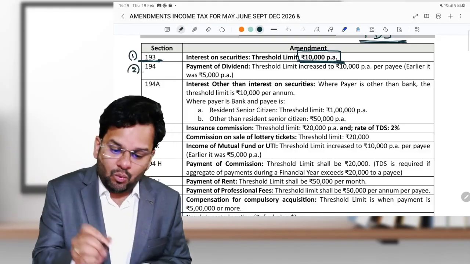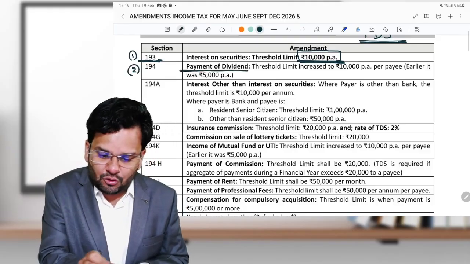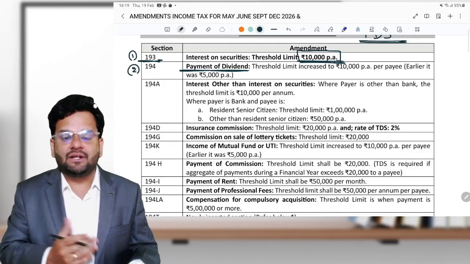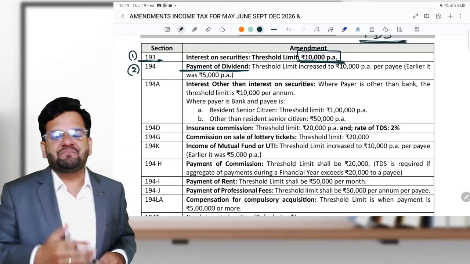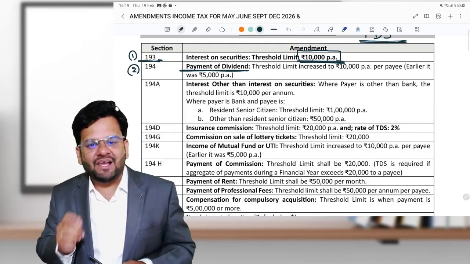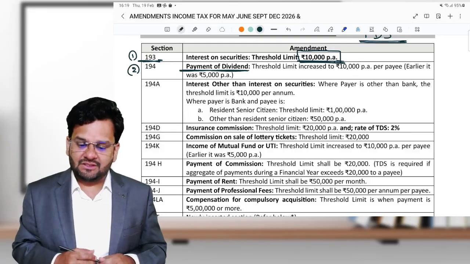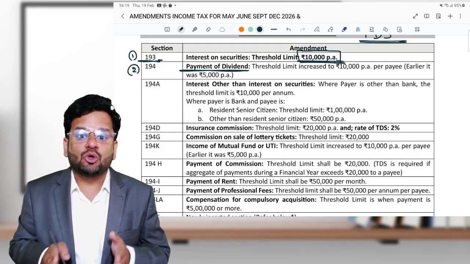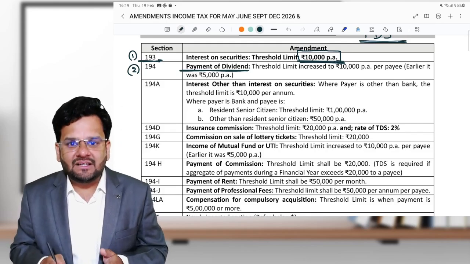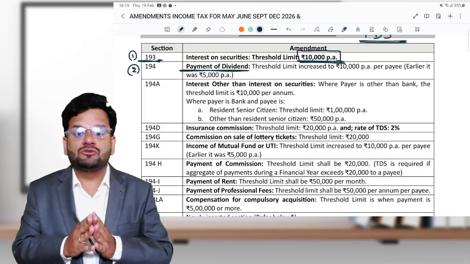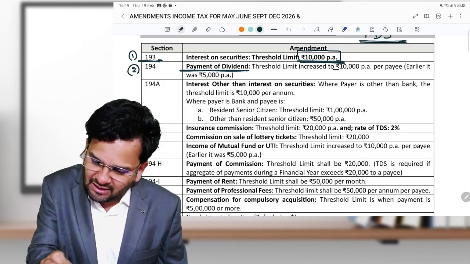Second change, section 194 is for payment of dividend. So when any company pays dividend, they will have to do TDS at 10%. But question is, what is the threshold limit? So here, earlier threshold limit was 5,000 rupees. Now it is 10,000 rupees.